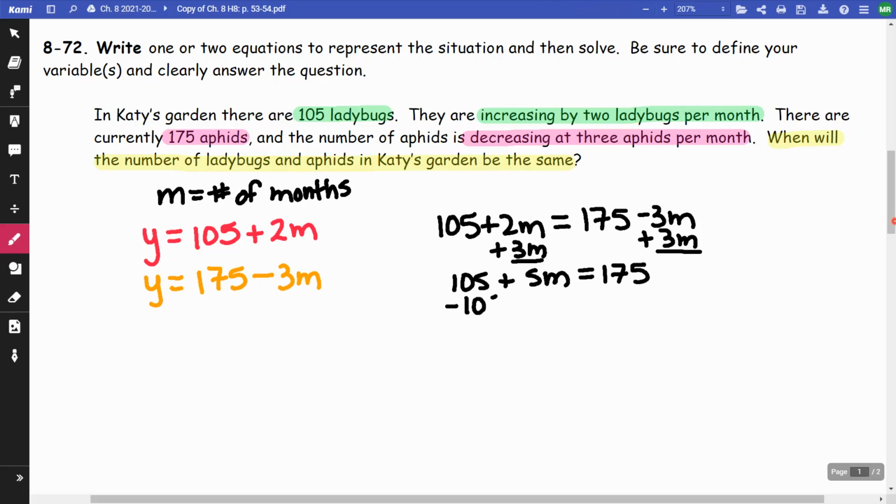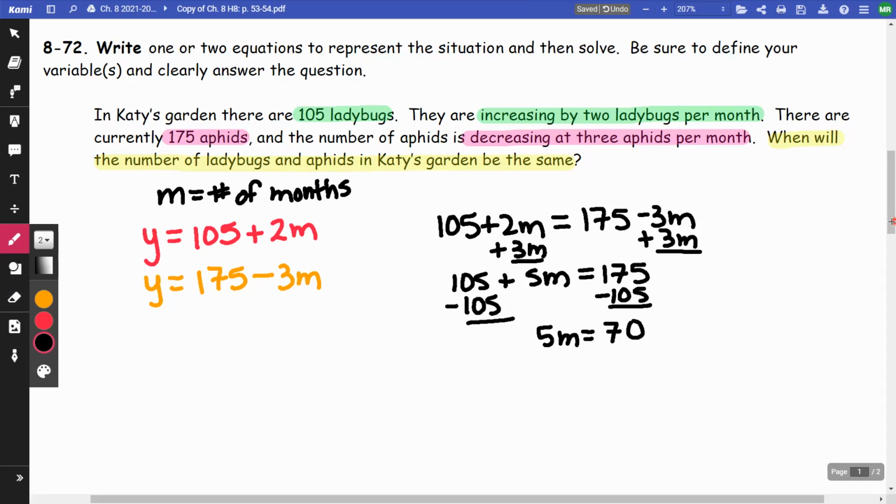I'm going to minus 105 from both sides. I get 5m is equal to 70, not 75, sorry, 70. I'm going to divide both sides by 5, and when I do, I'm going to get 14. So 14 months. That's our answer.